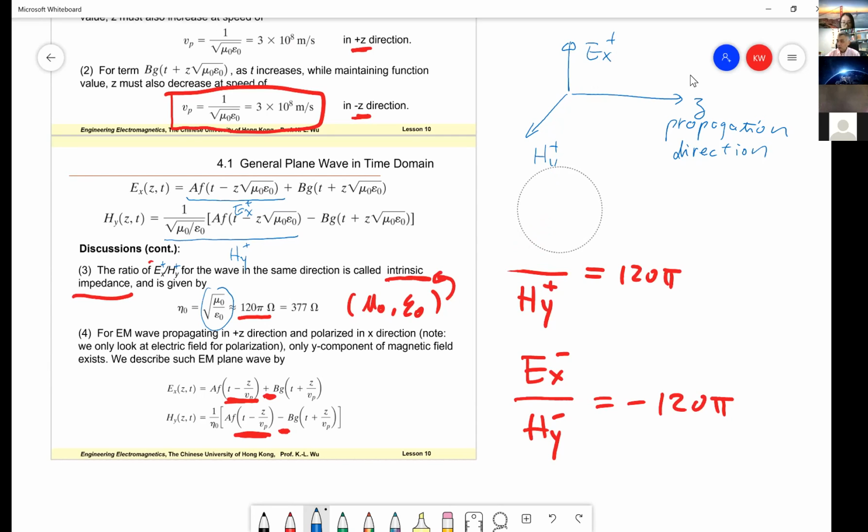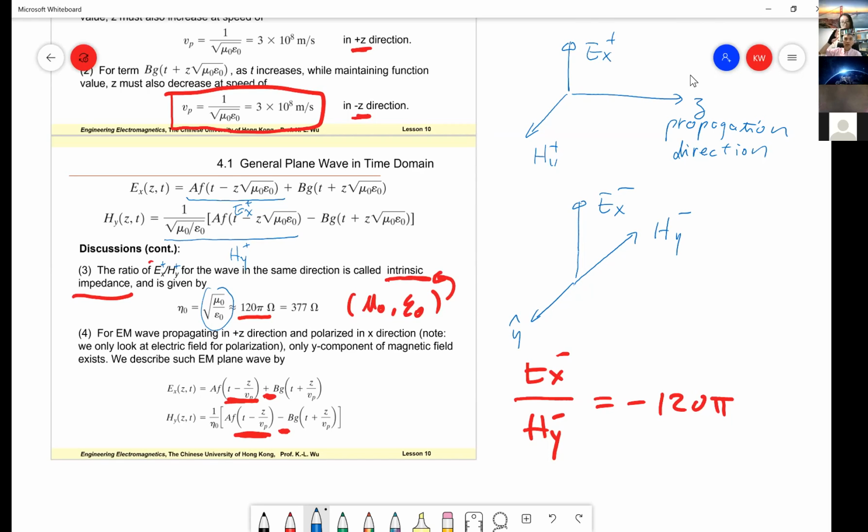Once the wave is propagating in the minus direction, this is still the Y axis, but the magnetic field must be on the opposite side, such that E cross H still points to the propagation direction.